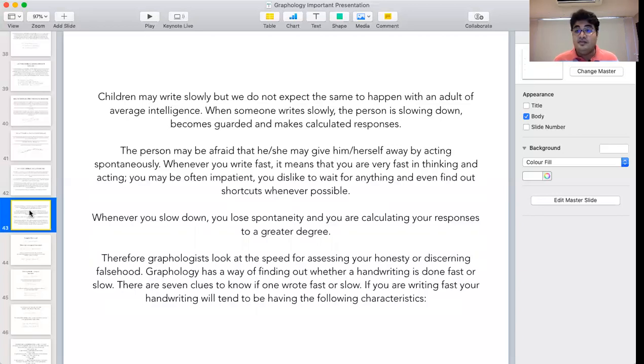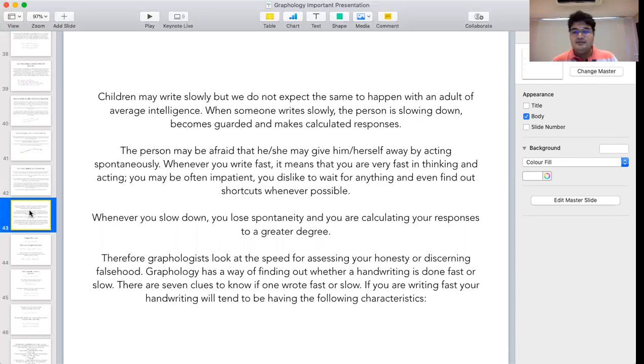Even when waiting at restaurants, it's just been 2 minutes or possibly 5 minutes since you gave your order and you're wondering, where's the food? So what I would request you to do is take a blank sheet of paper and observe your speed of writing. You will come to know a lot about yourself.